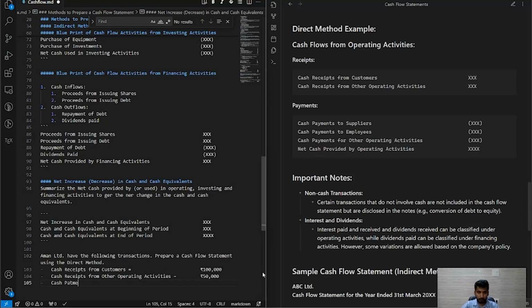Cash payment to suppliers, rupees 20,000. Cash payment to employees, that will be rupees 50,000.